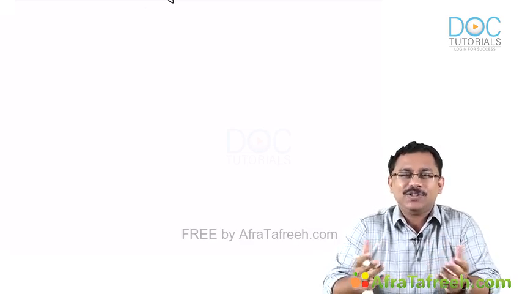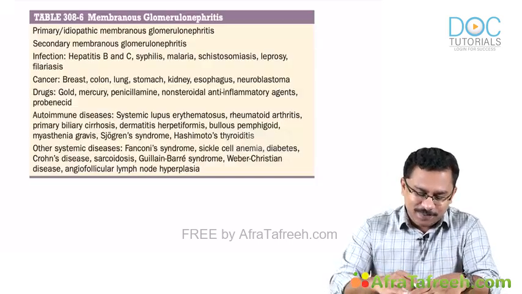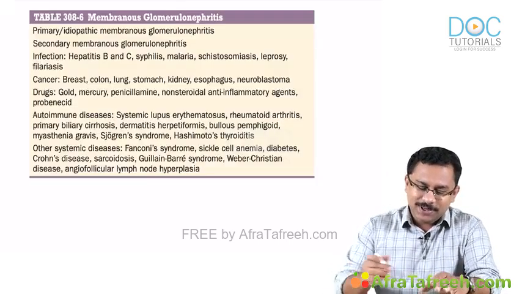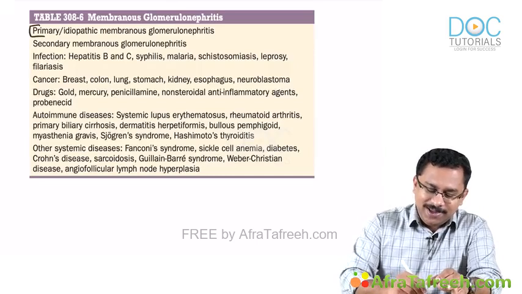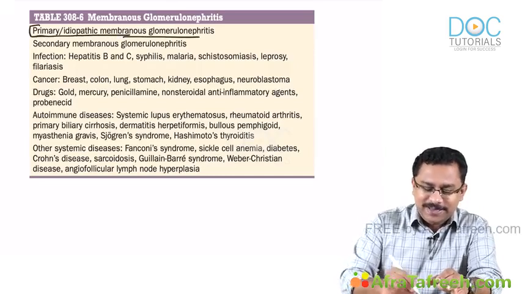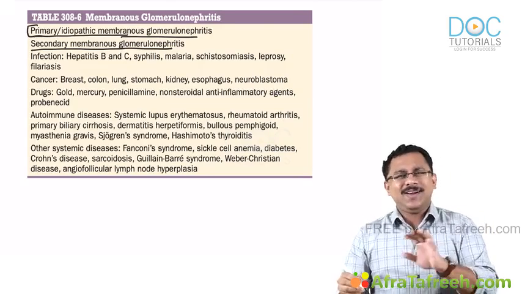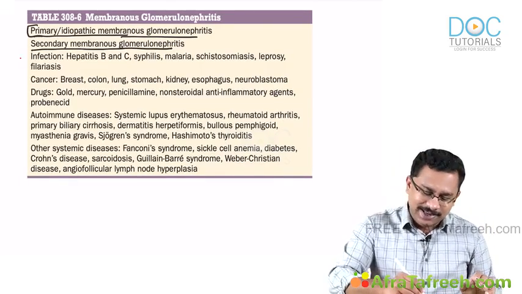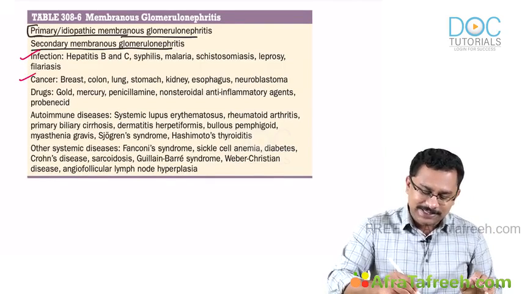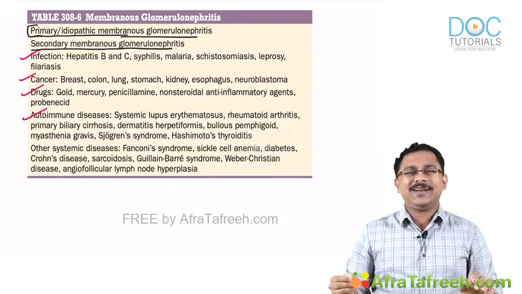This is very, very important. It has been asked before also. You have this table from Harrison, showing the primary membranous glomerulonephritis as well as the secondary membranous glomerulonephritis. All points we have discussed regarding infections, malignancies, drugs, autoimmune conditions.